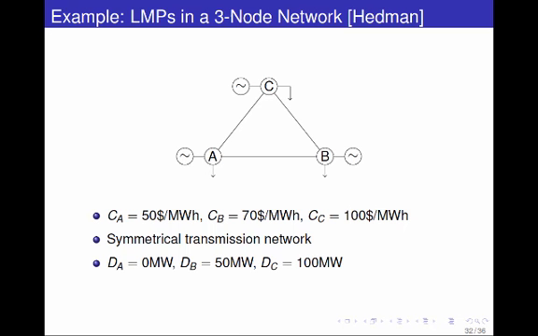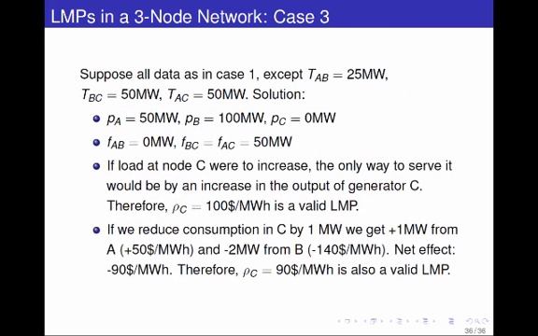And so what you get from this 1 megawatt decrease is you save fuel costs, $50 by reducing that 1 megawatt, but then you're increasing the cost by using more of B. B costs $70 per megawatt hour, 2 megawatts go 140, so the cheapest way to react is 90. That's not equal to any of the marginal costs of any of the generators. So it can happen with LMPs that they're not equal to any of the marginal costs.